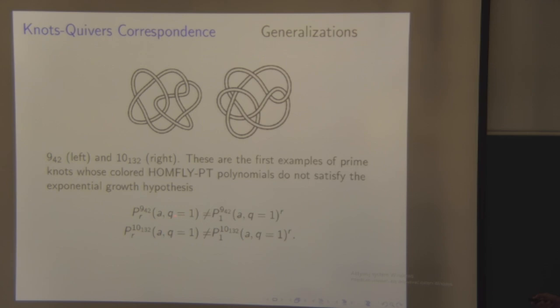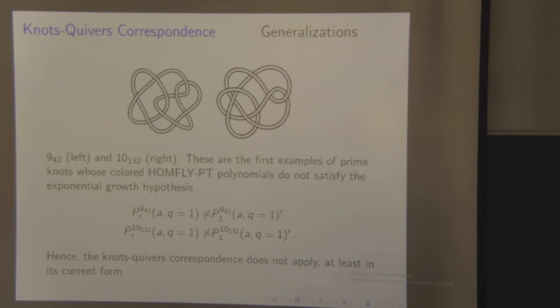So when you set Q to 1, they are not powers of the uncolored HOMFLY-PT polynomial. And this already sets them apart. The same knots-quivers correspondence that I was presenting before no longer holds.